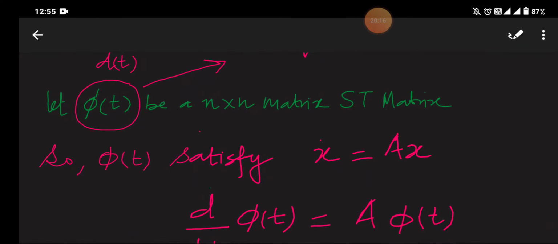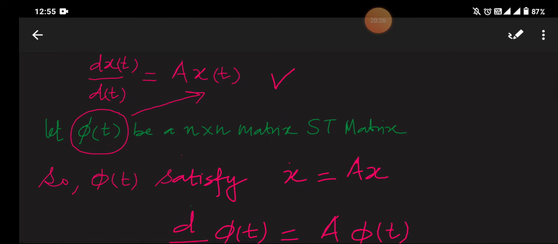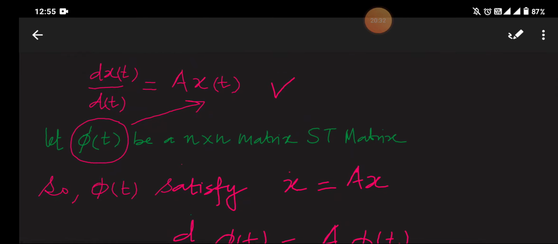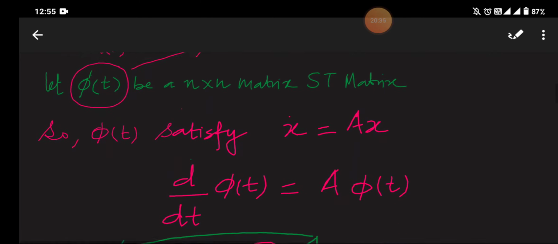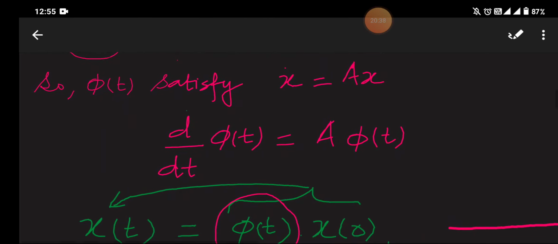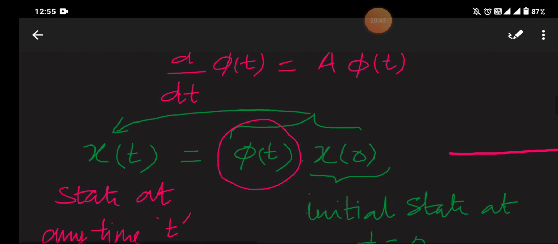Let phi t be an n by n matrix which is called the state transition matrix. So we have assumed a phi t which is the state transition matrix, and state transition matrix is a solution of the homogeneous state equation. So phi t satisfies x dot is equal to Ax, therefore d by dt of phi t is equal to A phi t.